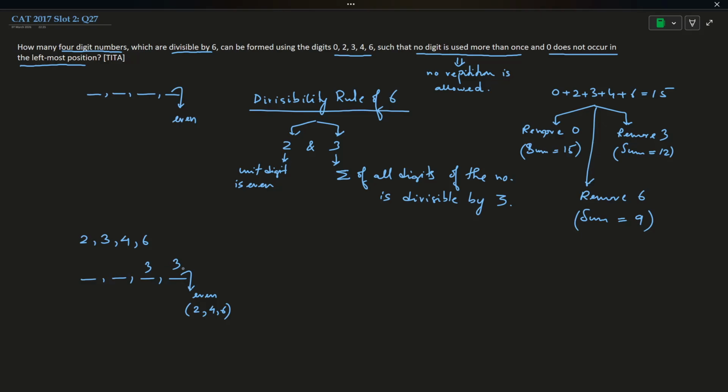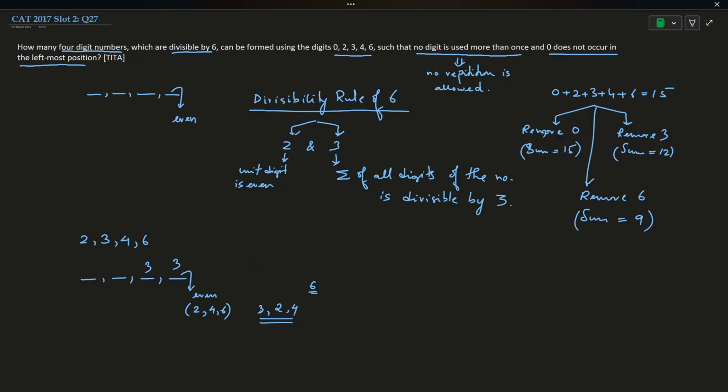Once you have used 2, 4 or 6, you will be left with two digits. Let's say you have used 6, so you will be left with 2 and 4. But please remember, you also have 3 in your hand, and now 3 can be in the next position, because we have already made the number even.